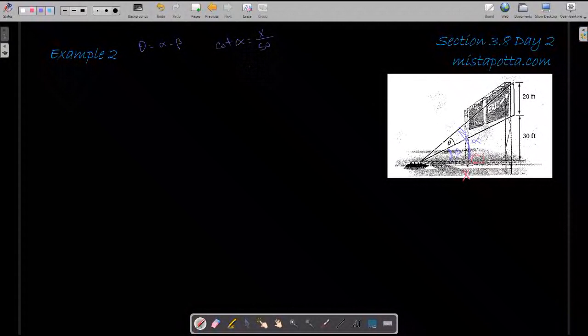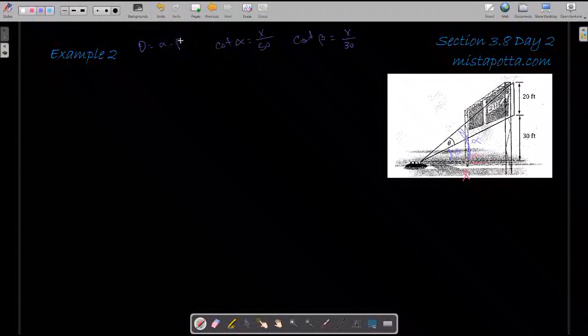So the total distance here is 50. X is the horizontal distance, and so the cotangent of alpha is x over 50. And similarly, the cotangent of beta is x over 30, because beta is just this bottom distance from the ground to the bottom of the sign.